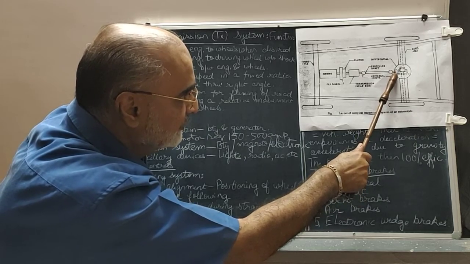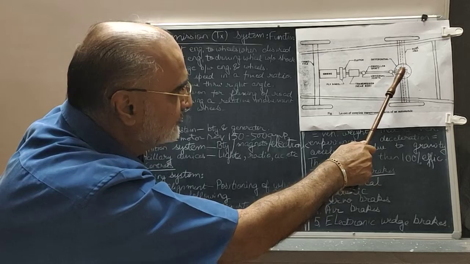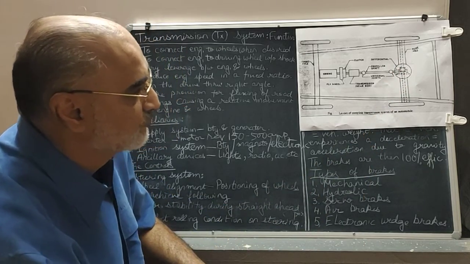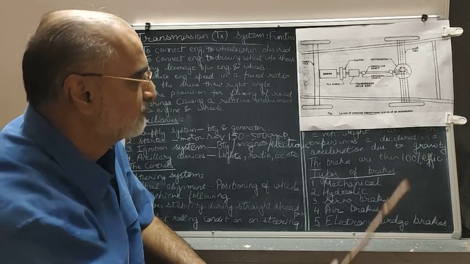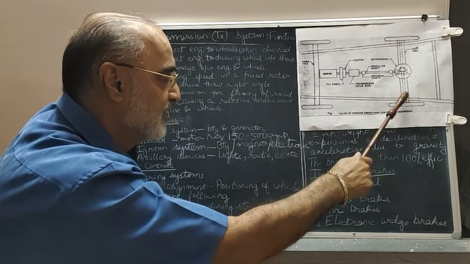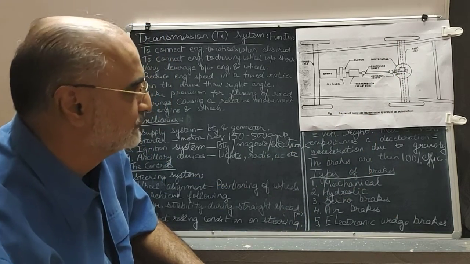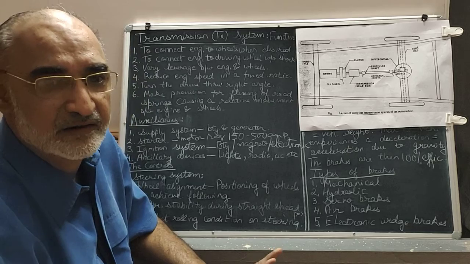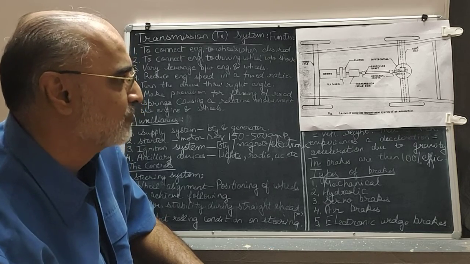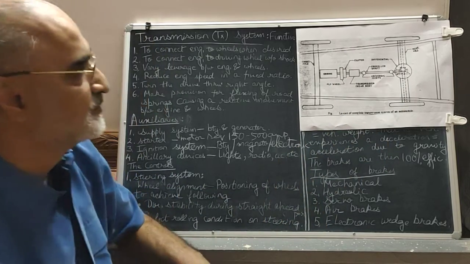This is the crown wheel and a bevel pinion, and the final drive is a system of beveled gears, from which there are two half shafts. These are two half shafts which are connected to the wheels. This is the general basic layout of the complete transmission system of an automobile. All these components constitute the transmission system.